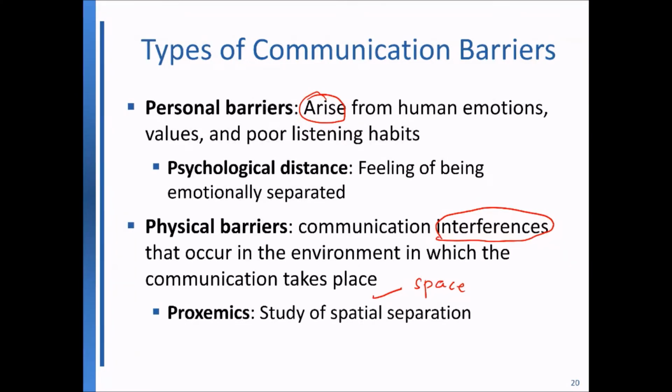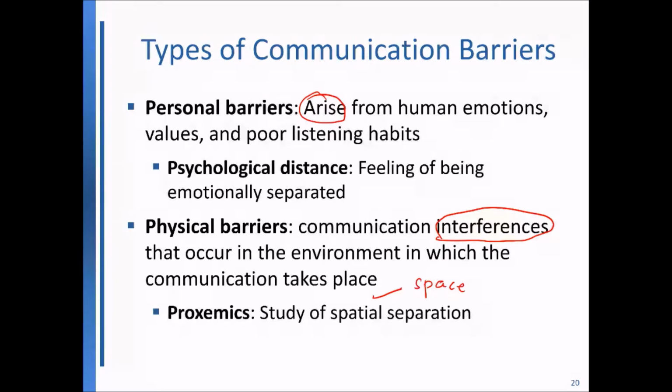Or for example, in a coffee shop with your friend, you are talking, but maybe the music is very loud, so you cannot hear each other or focus on him. That is considered a physical barrier. Anything that is coming from the environment is a physical barrier. Anything that is because of our personal things, like emotions, values, poor listening habits, something like that, is considered a personal barrier. Okay, thank you, teacher.